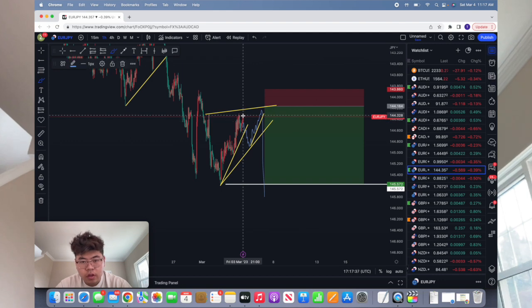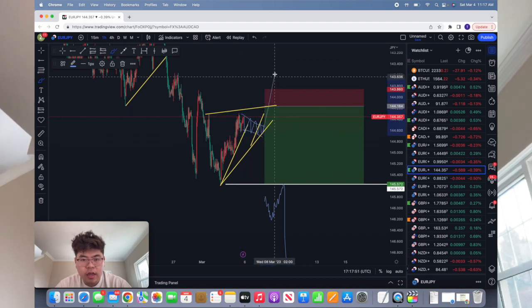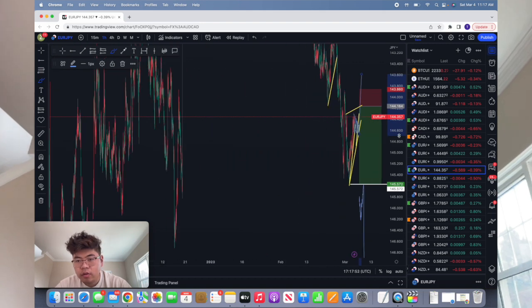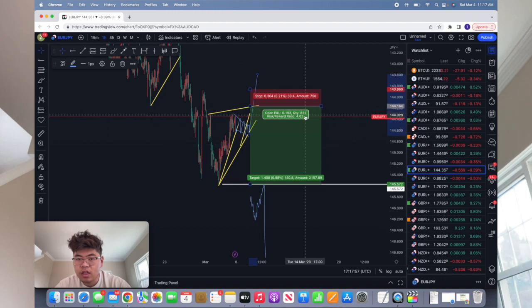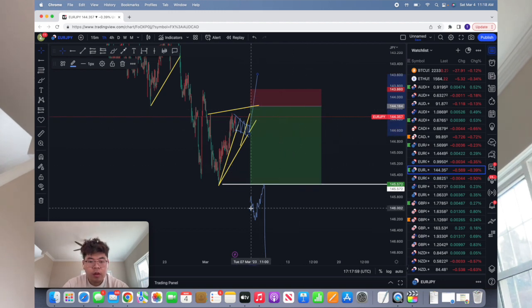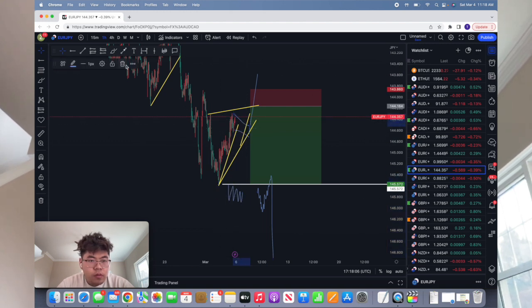We don't like it when it creates a correction like this. For example, let's remove this. We don't like it when it's creating a correction like this, because when it creates a correction, it's kind of creating a flag and saying breakout, right? And when you enter here, it's just going to break out, hit TP, and you lose capital.